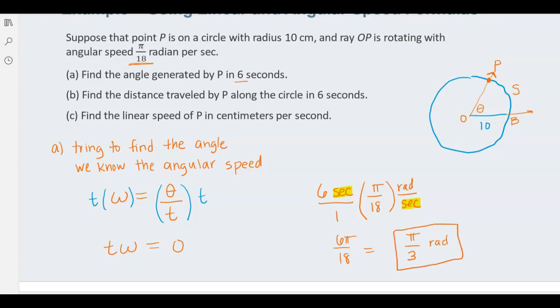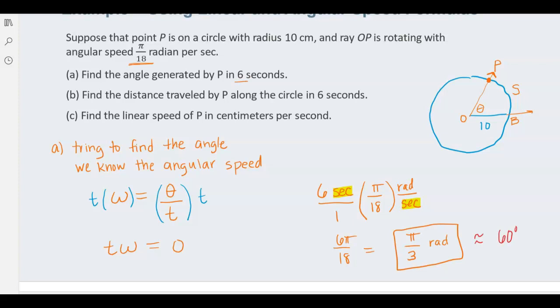So again, that's the angle that is being generated every 6 seconds. This angle is going to open by pi over 3, which, as we know from things that we were learning before, is going to be about 60 degrees, right? 180 divided by 3.